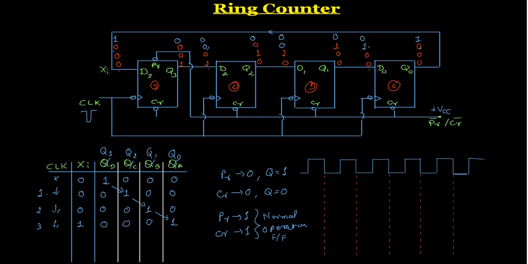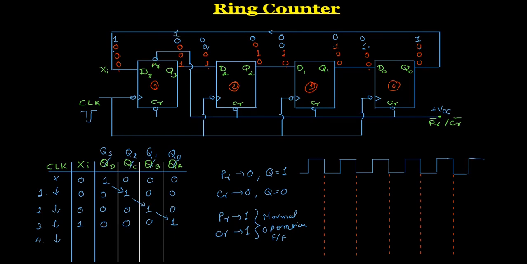Now let us apply another clock pulse, clock pulse number 4. With this negative edge, what will be the content of the shift register? If we see this 1, after this negative edge, it will appear at the output of Q3, so it is a 1 here.